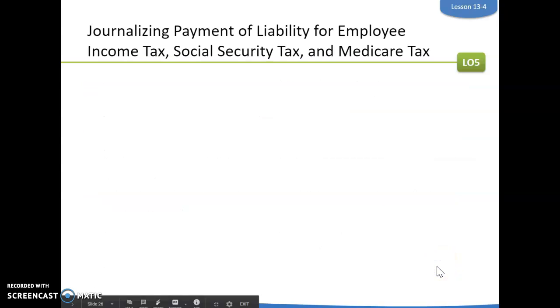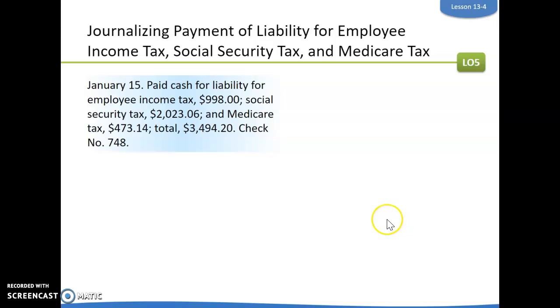So, journalizing payment of liability for employee income tax, Social Security tax, and Medicare tax. So January 15th, we paid cash, like with that EFT, for liability for employee income tax of $998, Social Security tax of $2,023.06, and Medicare tax of $473.14, which was a total of $3,494.20.